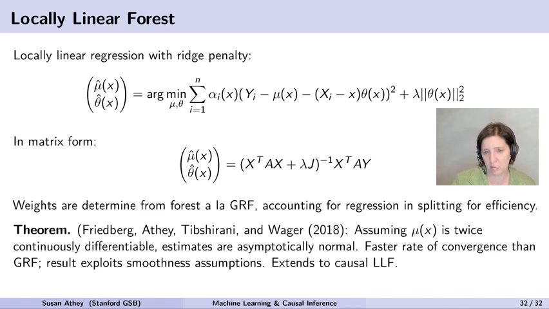So if a data point is near a boundary, we're going to actually estimate the slope of the relationship between X and Y near that boundary. And even though we don't have data points on the other side of the boundary, we're able to predict what happens at the boundary better by understanding the relationship between Y and X. Say it's increasing as you lead up to the boundary, you'll be able to do a better job fitting. And so we have a theorem that says that this works well.